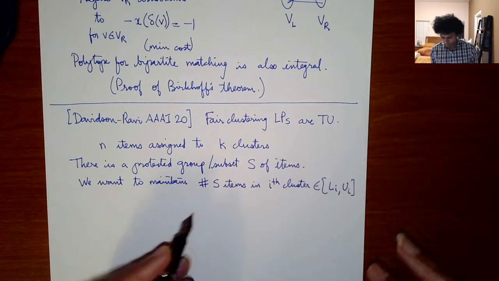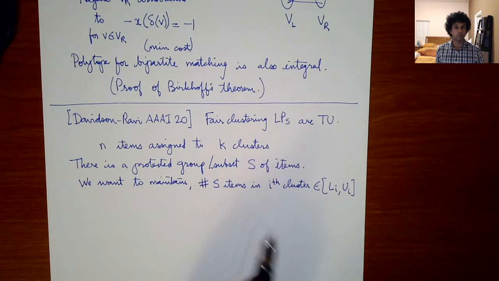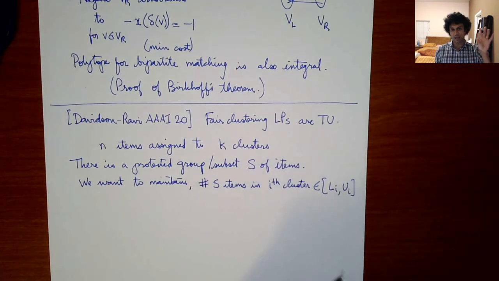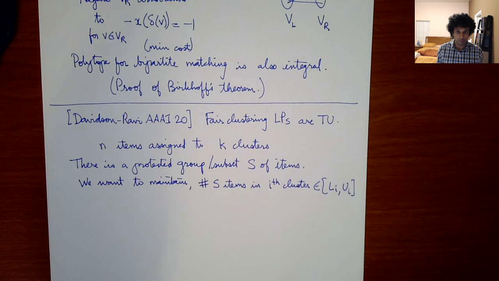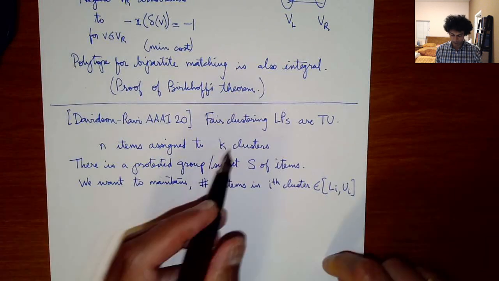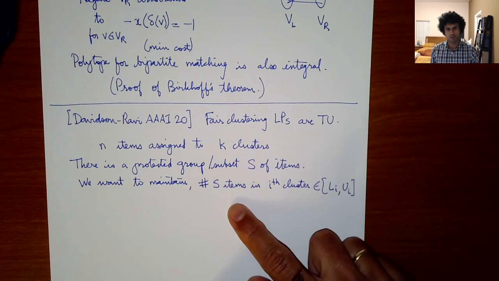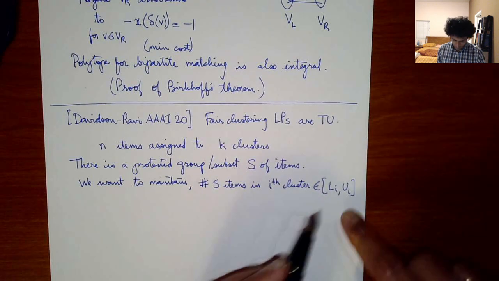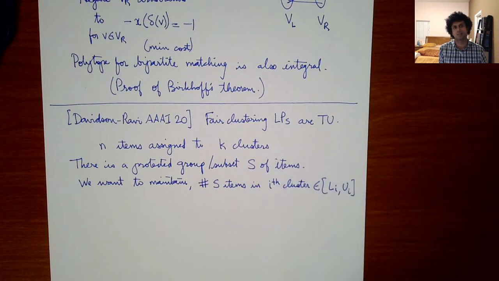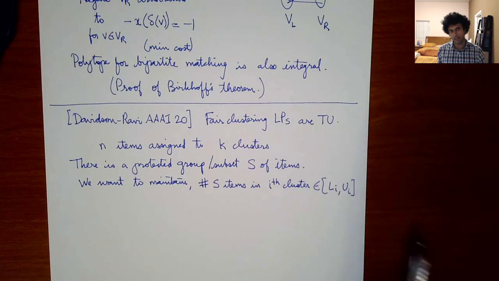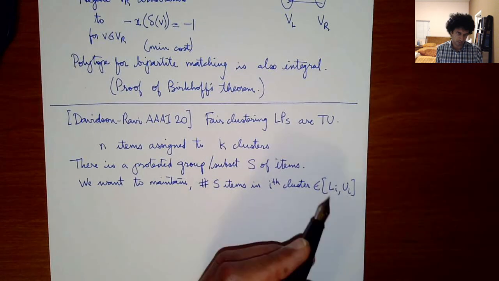So you want to find a clustering that satisfies this property. You want to cluster everything, n items to k clusters, but for each cluster you have this constraint with respect to the protected group. And usually, the lower and upper bound would be something like the base population rate, and you have some slack in these constraints.